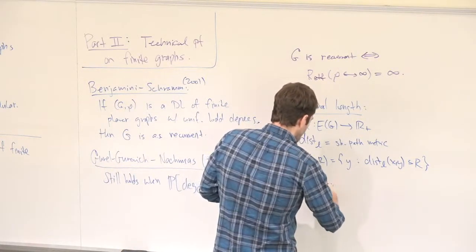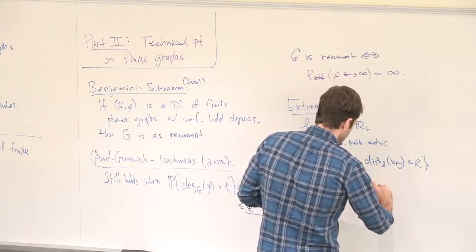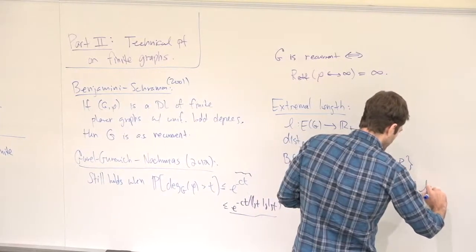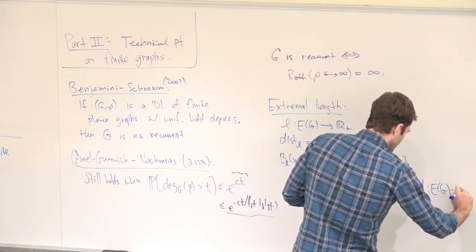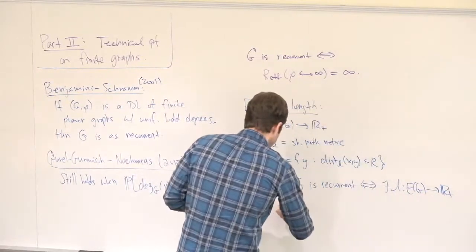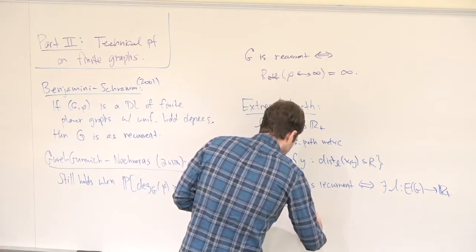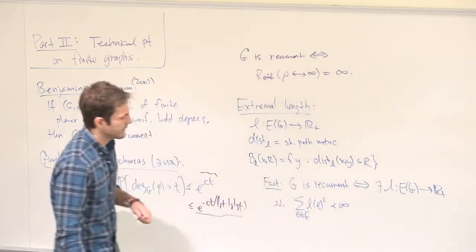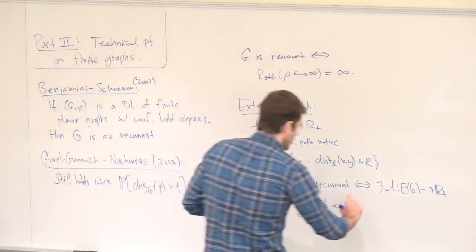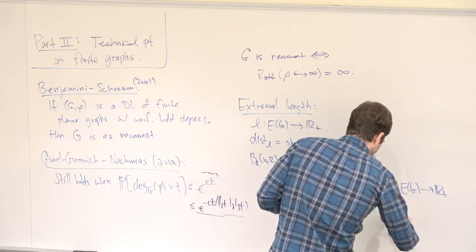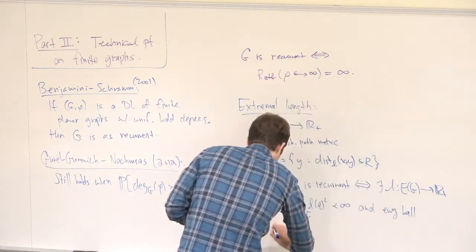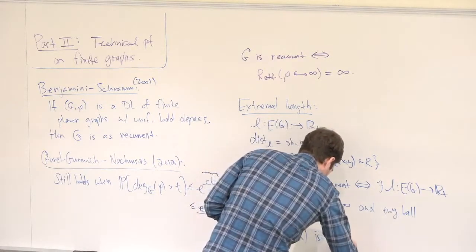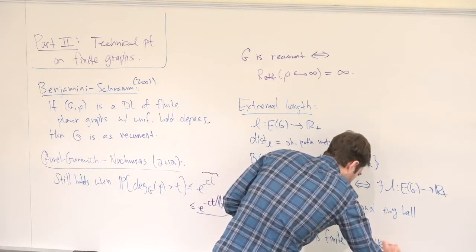Here's a fact: G is recurrent if and only if there exists a length function such that the L2 norm of the lengths is bounded, and every ball in the graph is finite, for all x and for all r greater than or equal to 0.